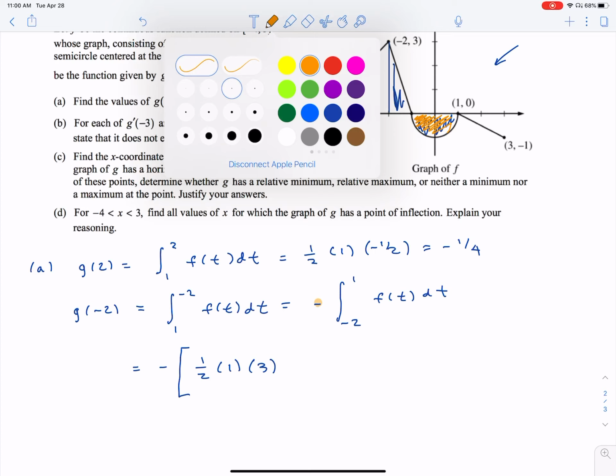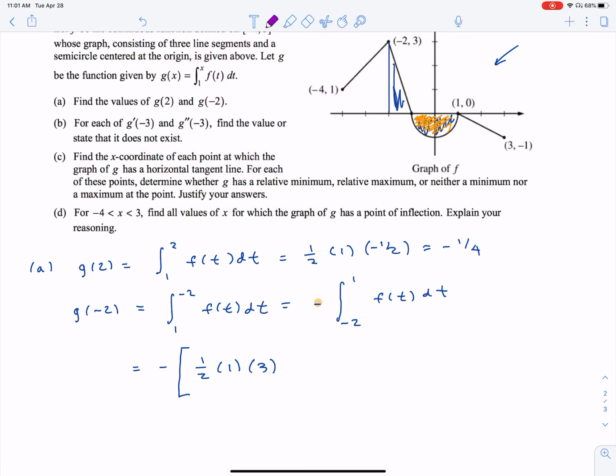So I'm going to say minus, I'll just do this in a different color for no particular reason, the area of that semicircle, because again, the semicircle is below the x-axis. So the area of a semicircle is 1/2 pi r squared, where r is 1, so 1 squared. And that's all we need to know.